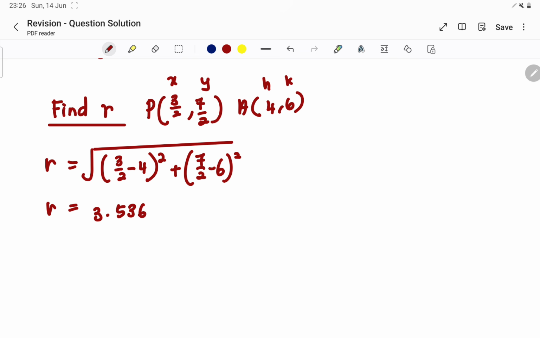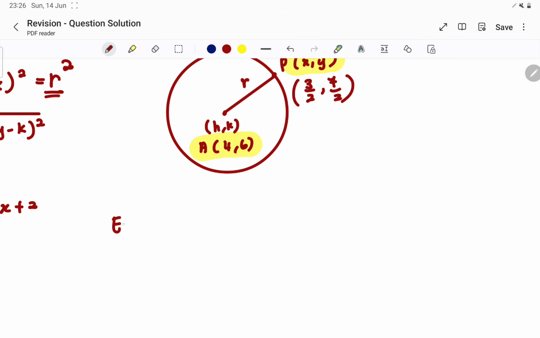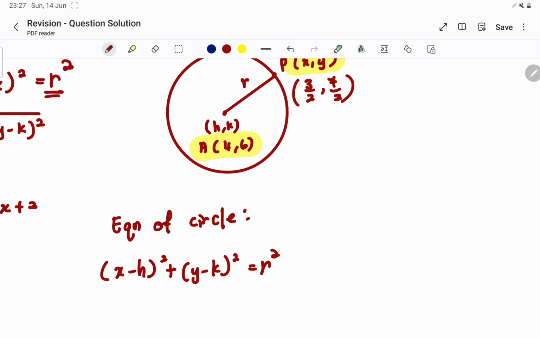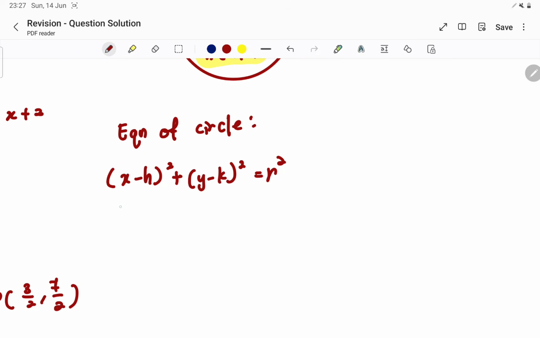Now you have your R and you have your H and K, so you can find the equation of the circle, which is (x minus h) square plus (y minus k) square equal to r square. Just substitute in h, k and r, and x and y you maintain.